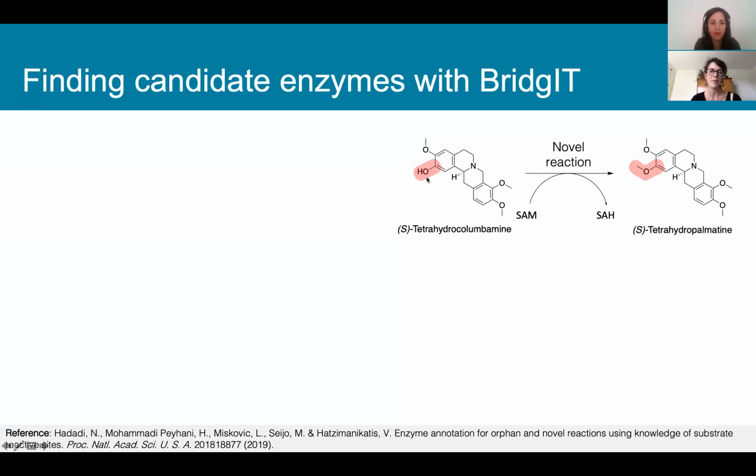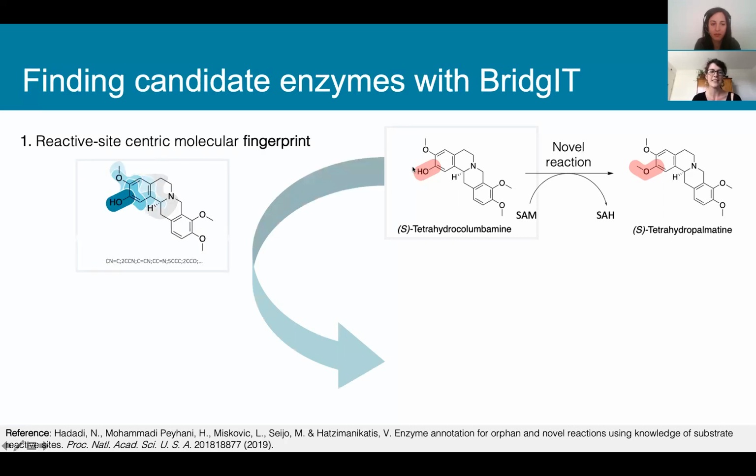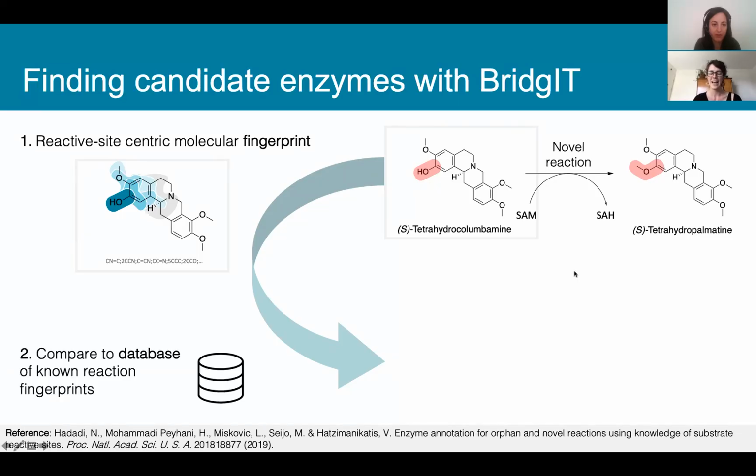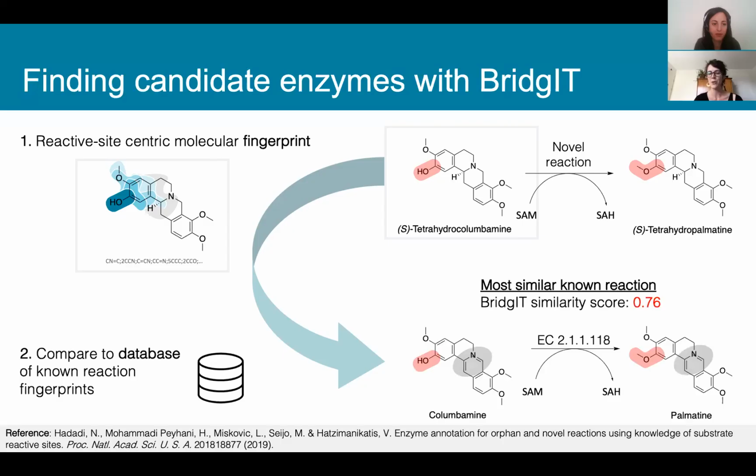You have O-methylation on this hydroxy group. Then BridgIT calculates a reactive site molecular fingerprint. And it then compares this chemical fingerprint to a database of known reaction fingerprints. And then it can calculate a similarity score, and it can give you back the most similar known reaction that has an enzyme associated.